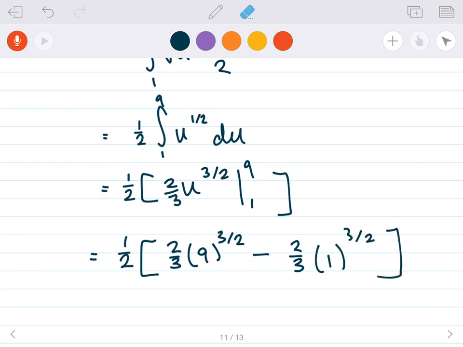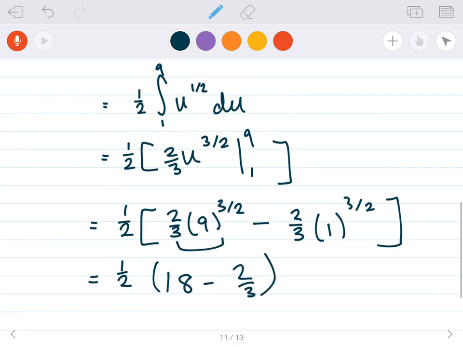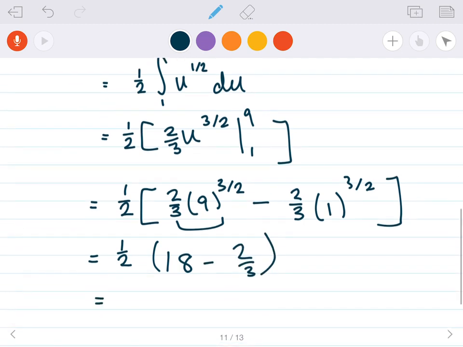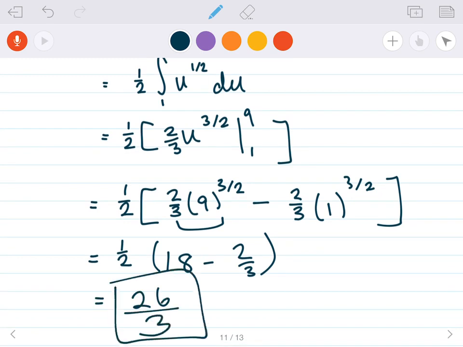I have that 1/2 on the outside. On the inside, I'm going to end up getting 18 for this piece, I believe. Yeah. Minus 2/3 for that second piece. And when I simplify this out, 1/2 times 18 minus 2/3, I end up getting 26 over 3 as my final answer.